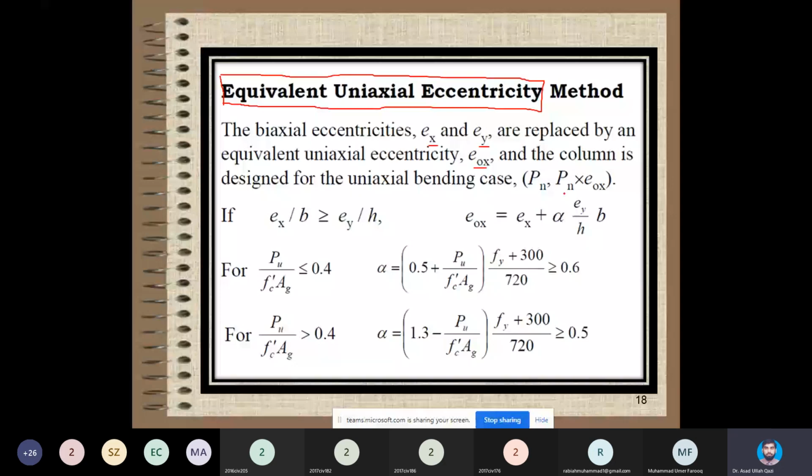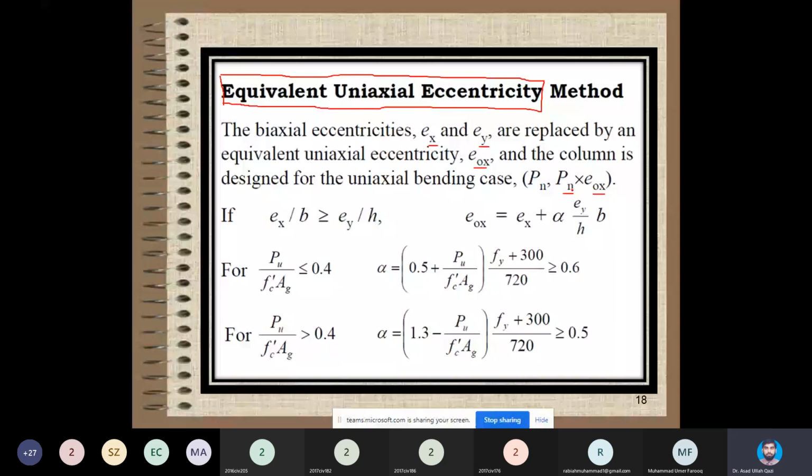So it may be P nominal load into E naught x or E naught y, depending on which equivalent uniaxial eccentricity you have calculated along the x-axis or the y-axis.